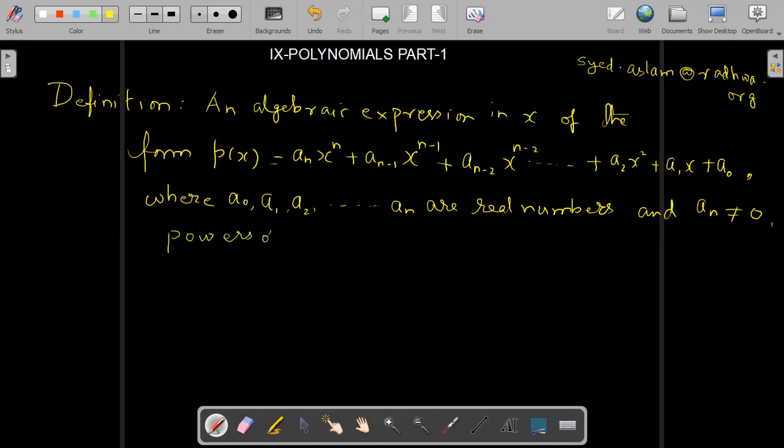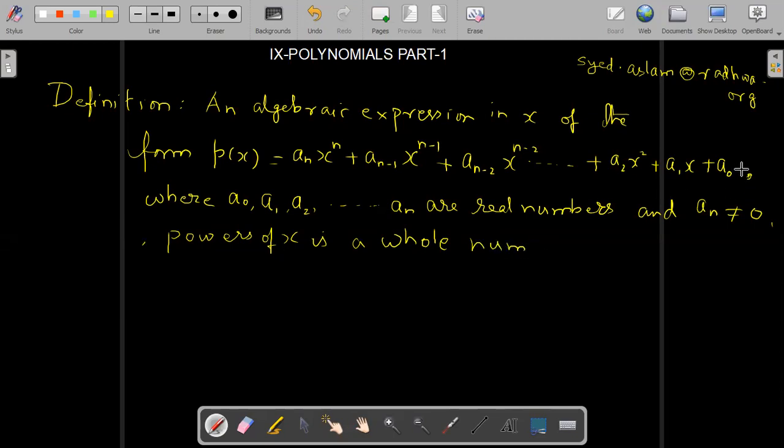The powers of x should be whole numbers. That is very important. If the power of x is a fraction, it is not a polynomial. Powers of x is a whole number, meaning 0, 1, 2, 3.